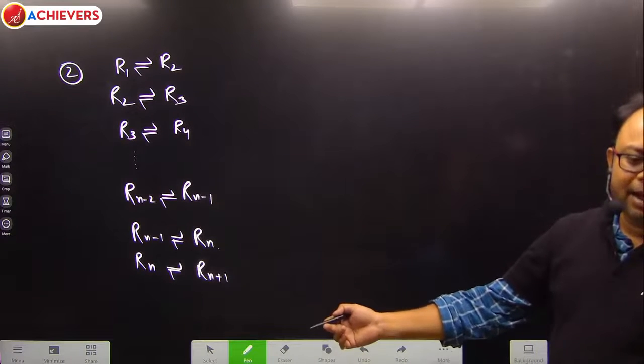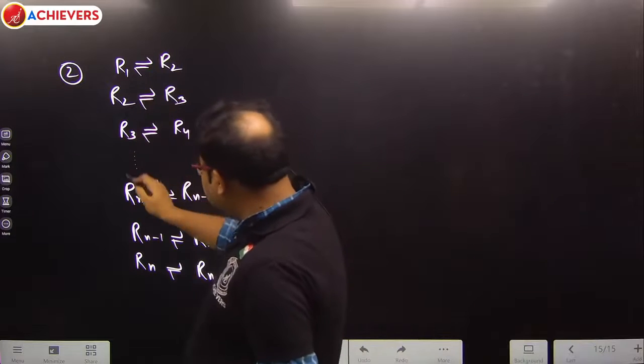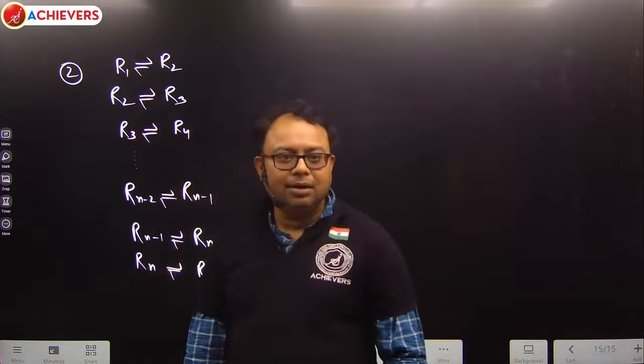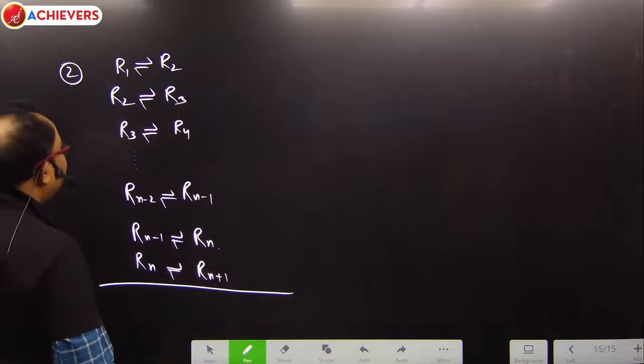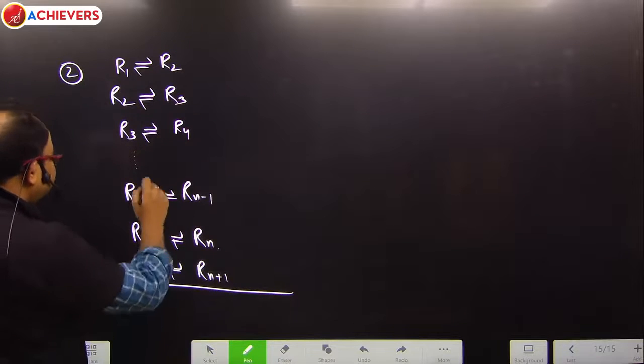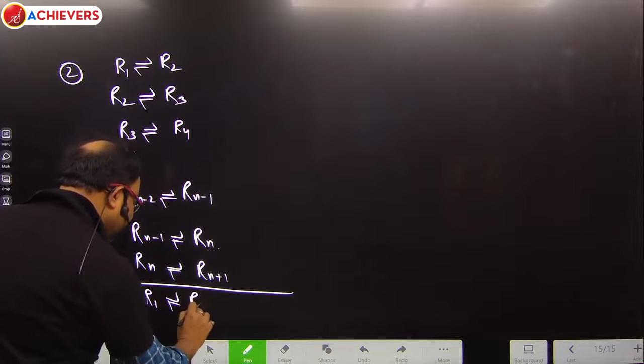So let's say there are n number of reactions. First, second, third, this is the nth reaction. If you add all the reactions together, what will you get? You will get R1 in equilibrium to Rn plus 1.